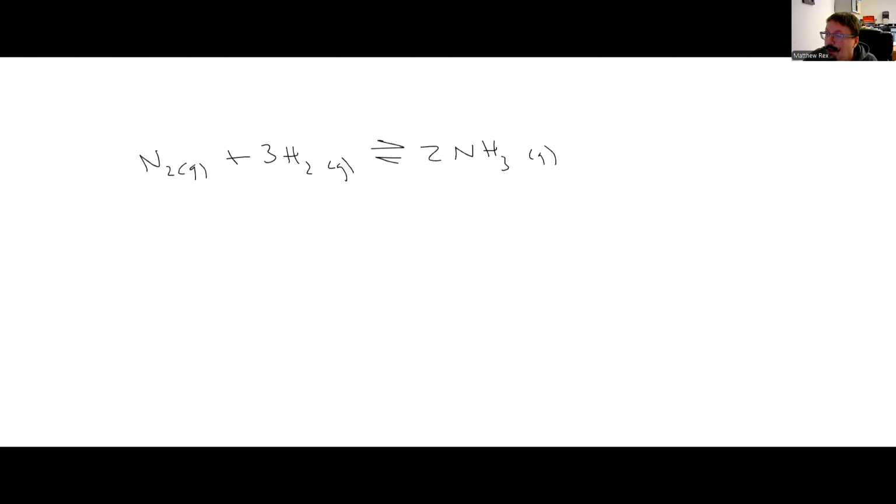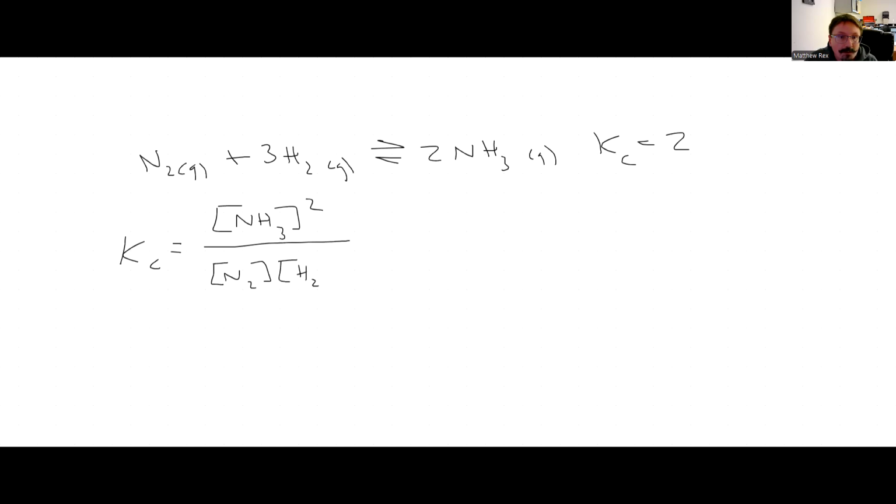We're told that K is equal to 2. And in this case, we're given equilibrium concentrations for 3 of these things. Remember, the equilibrium expression is products over reactants, not the other way around. So it's going to look like this.